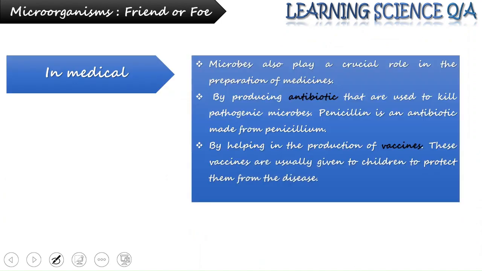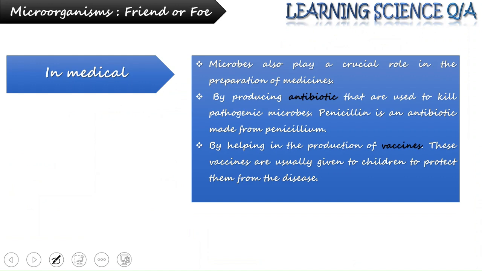Microorganisms are also used in medicine. They play a very crucial role in the preparation of medicines. They are helpful by producing antibiotics that are used to kill pathogenic microbes and the products produced by pathogenic microbes inside our body. Penicillin is the antibiotic which is made from the fungus Penicillium.